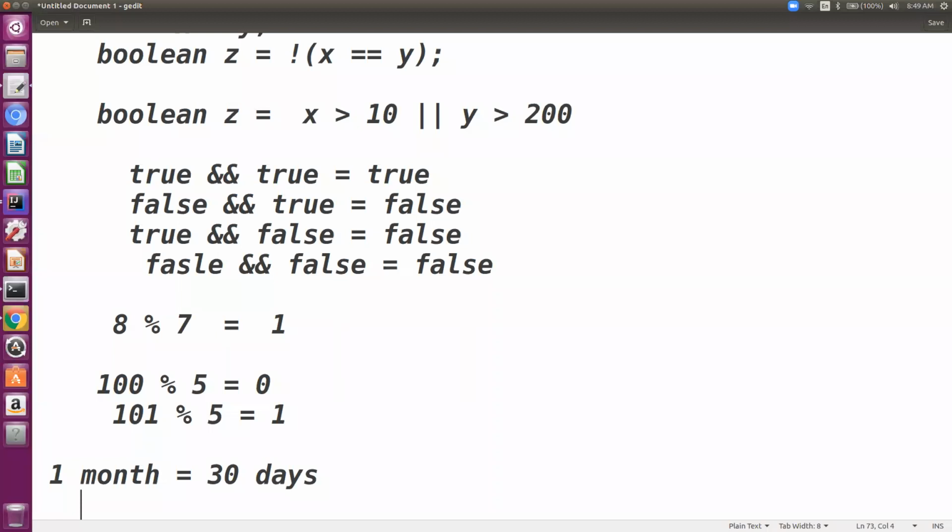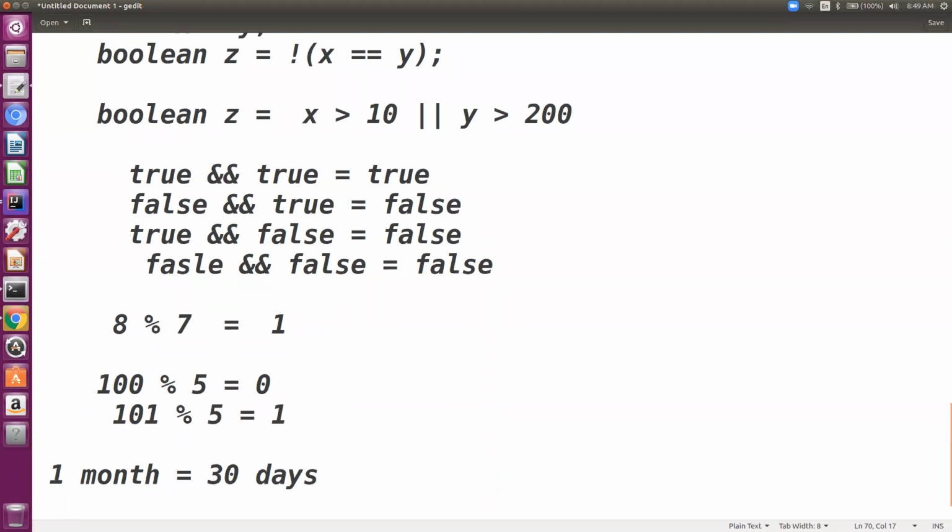the percentage operator is of very good use, because the remainder can never exceed the divisor. If you look at any operation involving percentage, the answer will never exceed this. It will cycle.